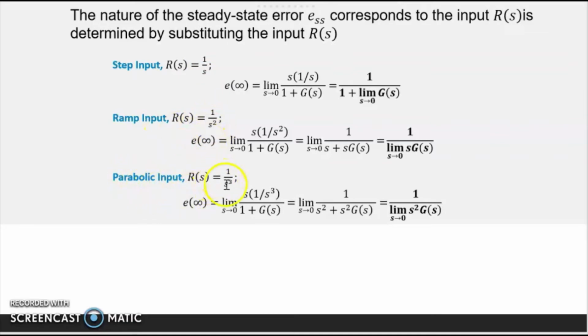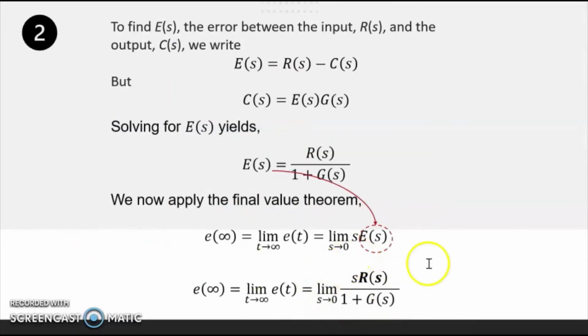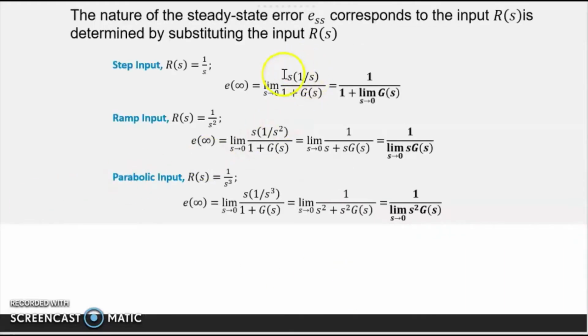A parabolic input is 1 over s cubed. So again, look at this equation. You just need to substitute the input, whether step, ramp, or parabolic. R will be different for each input. You can see here I've already substituted this one.